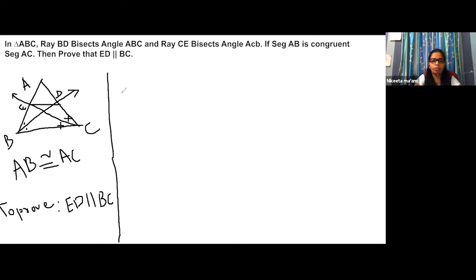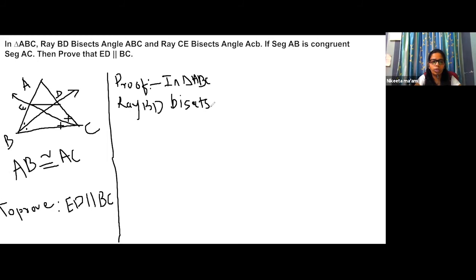Now the proof. In proof, what we are going to write is: in triangle ABC, what is given? Ray BD bisects angle ABC.